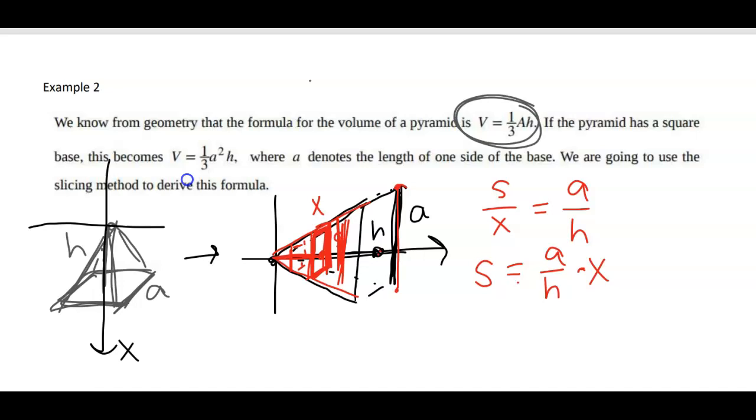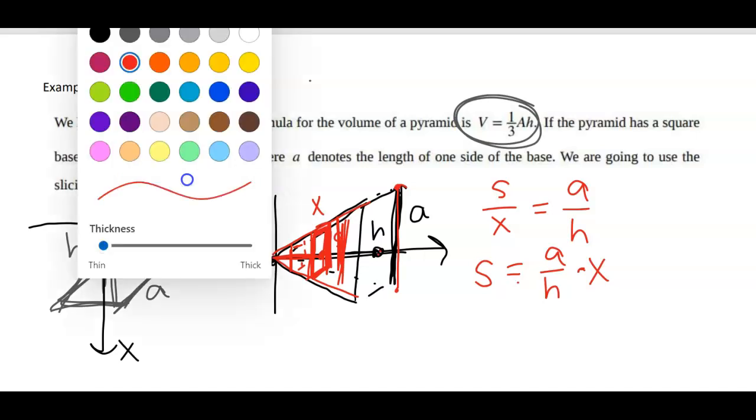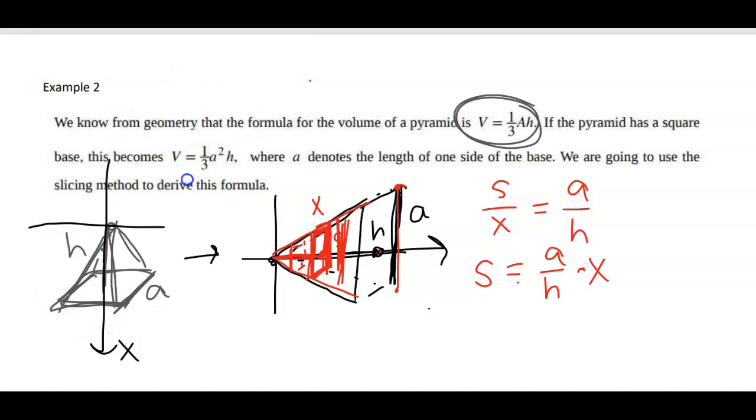Now, another thing you could do if you are not really keen on the proportionality: this length here is 1/2 of a. And so the slope of this line is rise over run, 1/2 a over h.